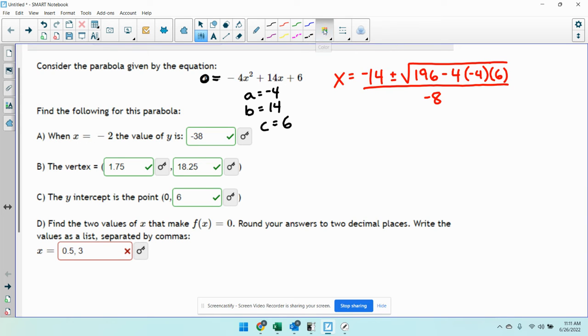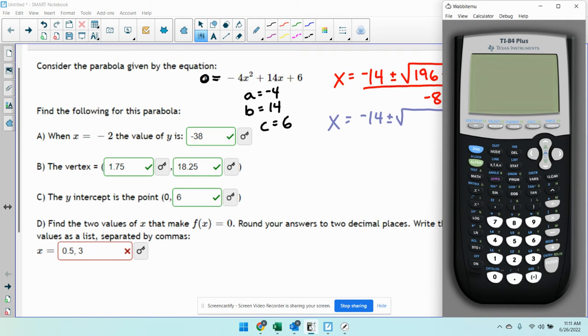I'm going to start in the square root by getting this thing simplified. So I have x equals negative 14 plus or minus the square root. So I will do negative 4 times negative 4 times 6.